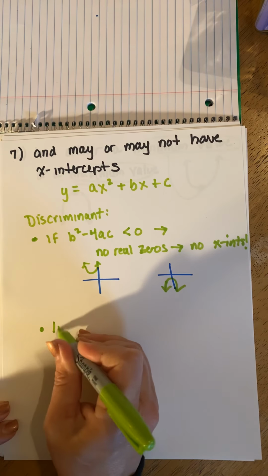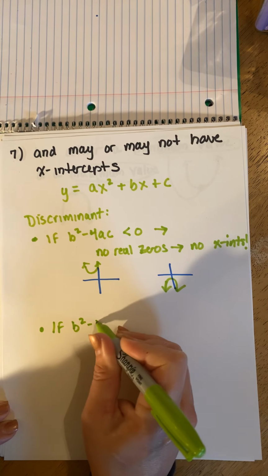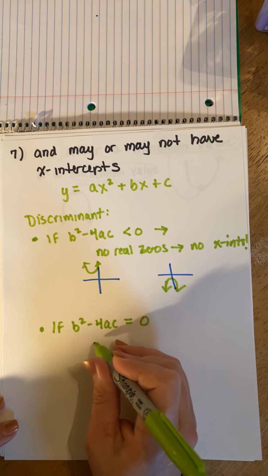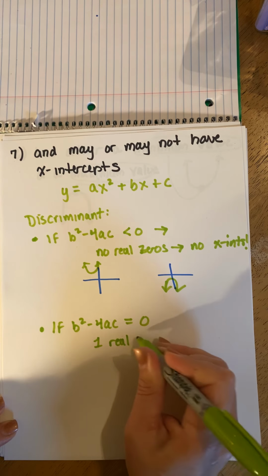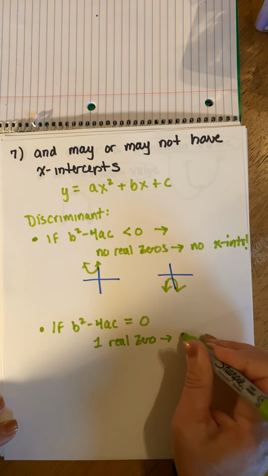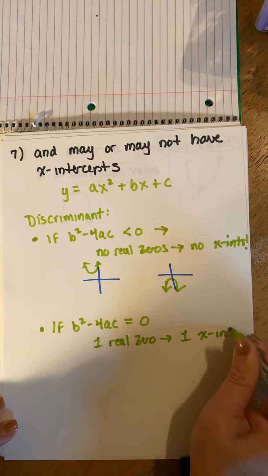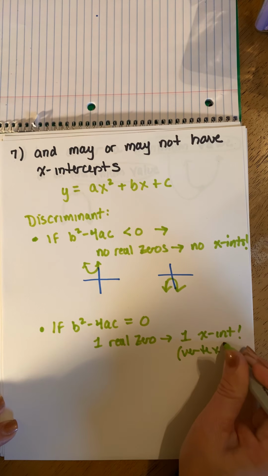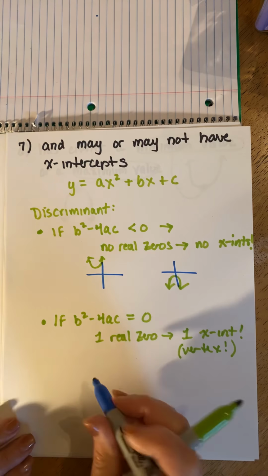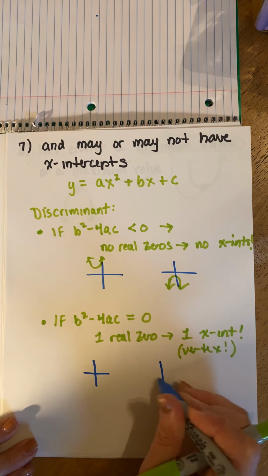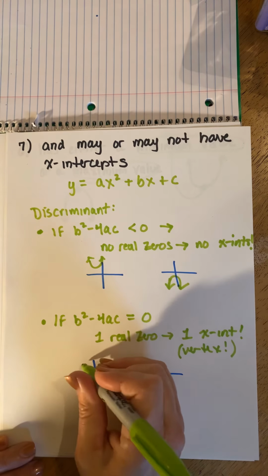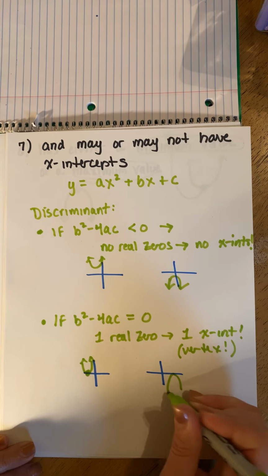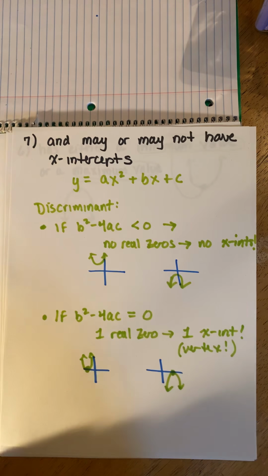If your discriminant equals 0, you have one real zero, you have one x-intercept, and it's the vertex. So this is the scenario where the quadratic function sits right on the x-axis or just touches it from below.